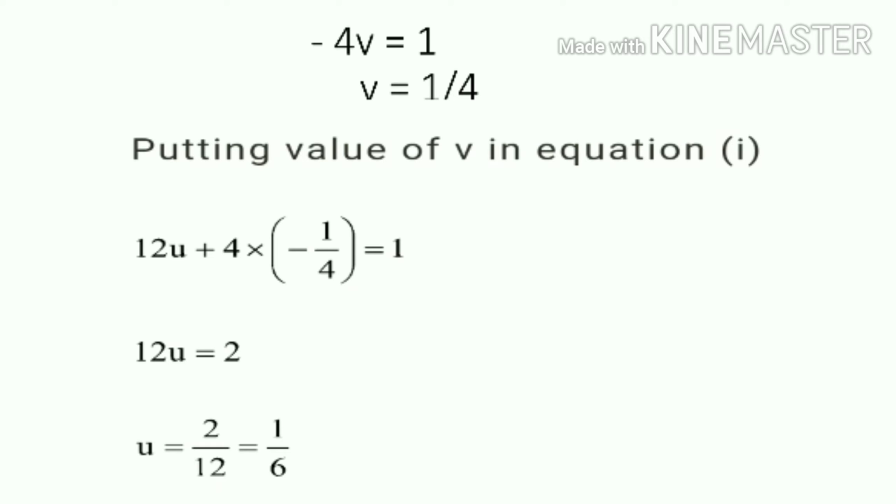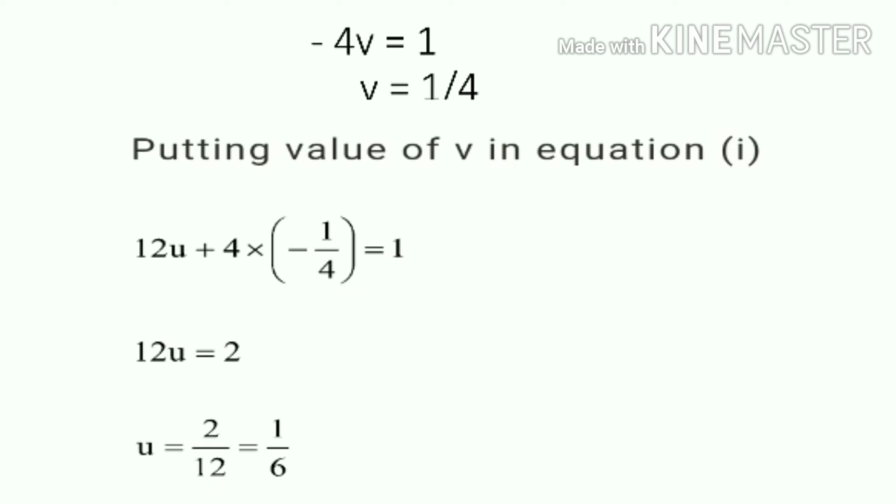So we have got the values of u and v. Both values we have got, but the question is not over, because in the question the variables were x and y, and we have found only the values of u and v. Now we again put the values of u and v.